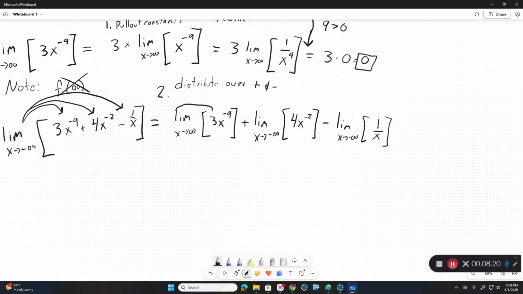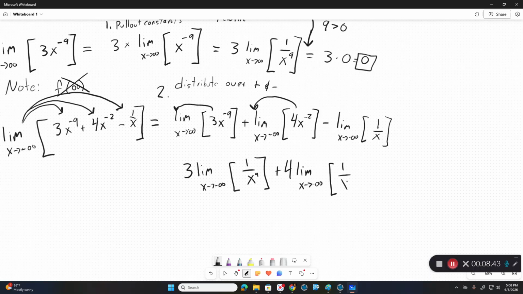And again, we can pull out a constant, and rewrite. This is 3 times the limit as x approaches negative infinity of 1 over x to the 9 plus 4 times the limit as x approaches negative infinity of 1 over x squared minus the limit as x approaches negative infinity of 1 over x.